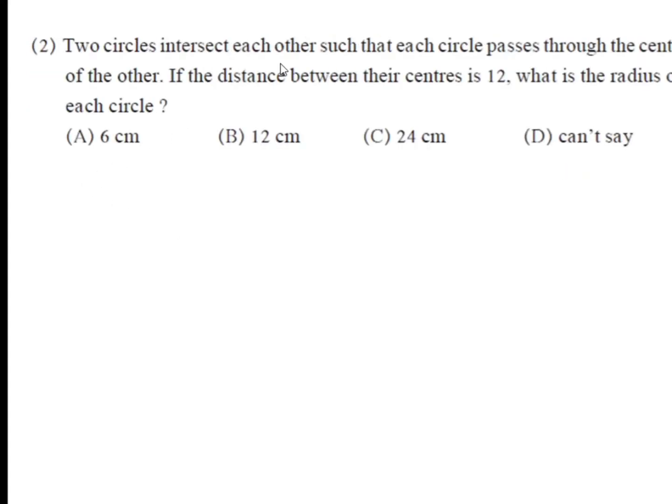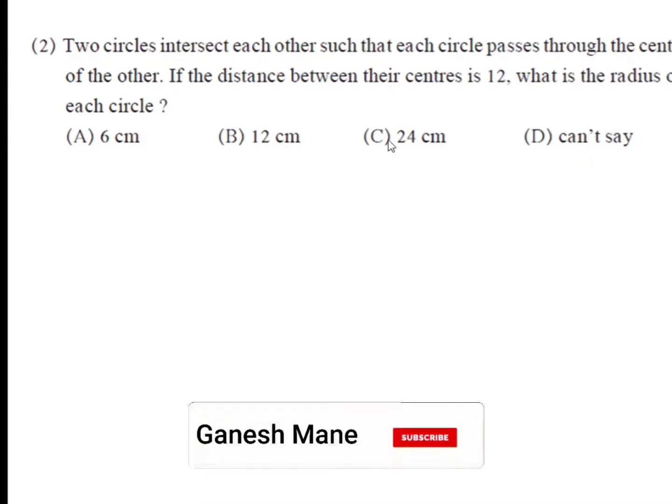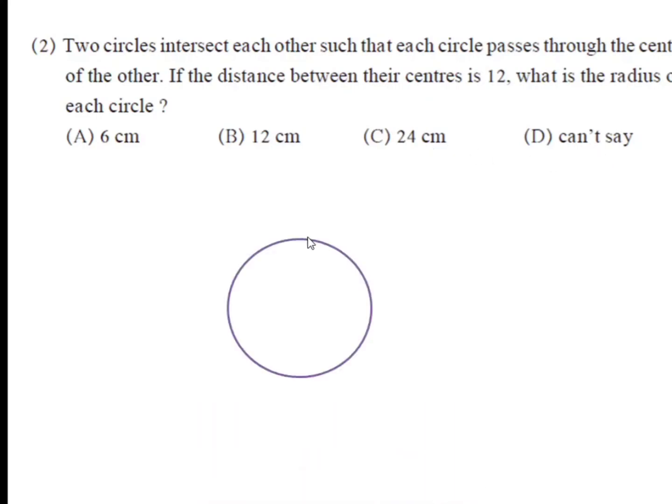Two circles intersect each other such that each circle passes through the center of the other. If the distance between their centers is 12, what is the radius of the circle? Again, four options are given: 6 centimeter, or 12 centimeter, or 24 centimeter, or can't say. Let us consider this is the first circle and there is another circle.